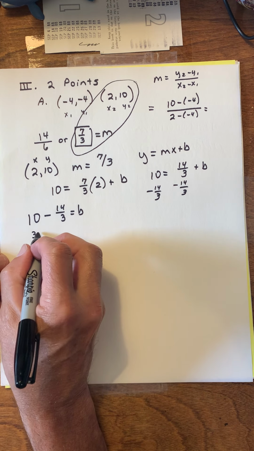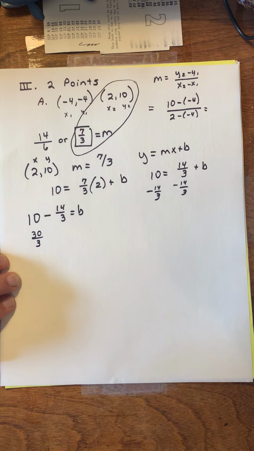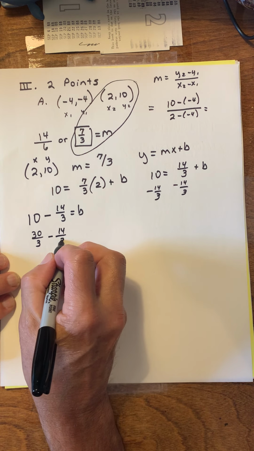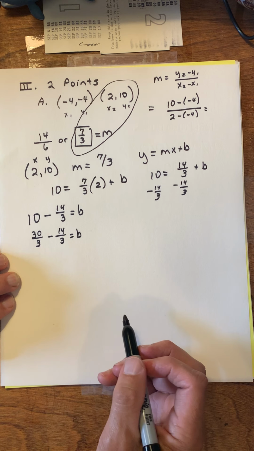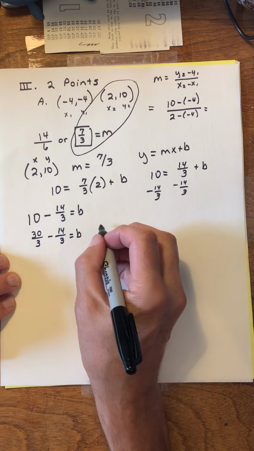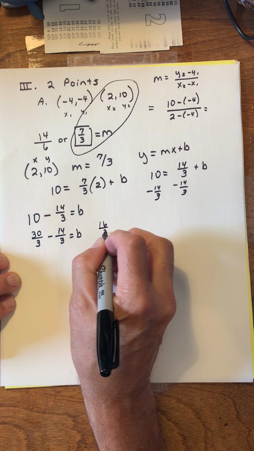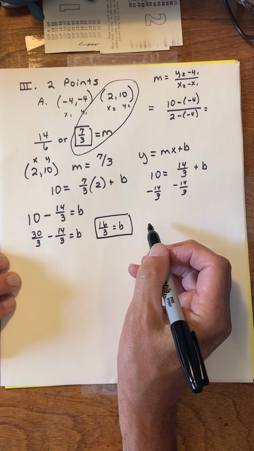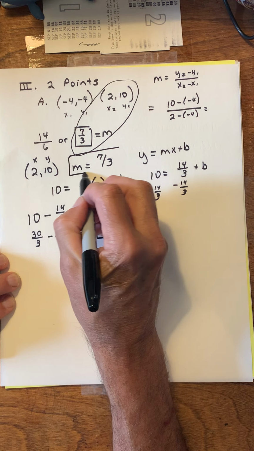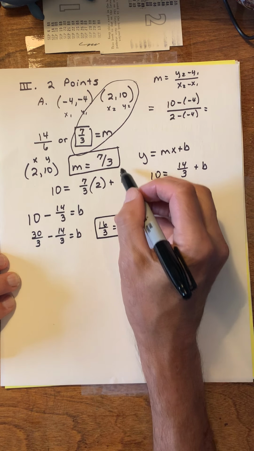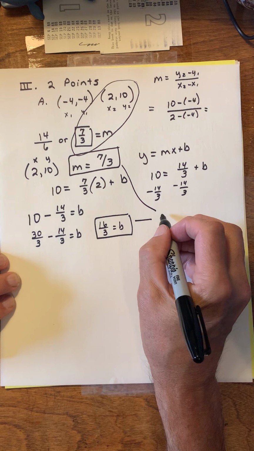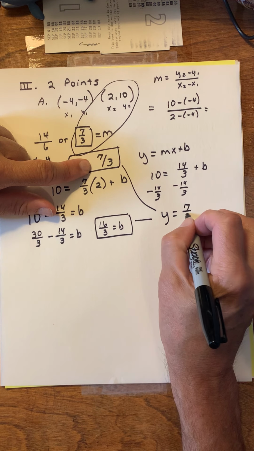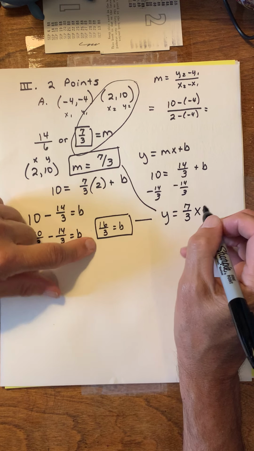Well, 30 thirds. 30 minus 14, 16/3 is b. So I now have b, and I now have m. Put these two together. Y equals m times x plus b.